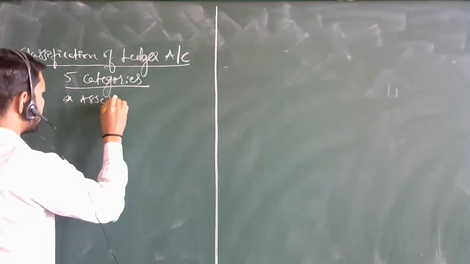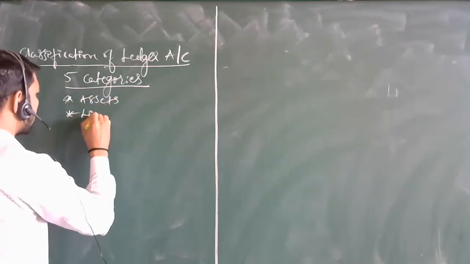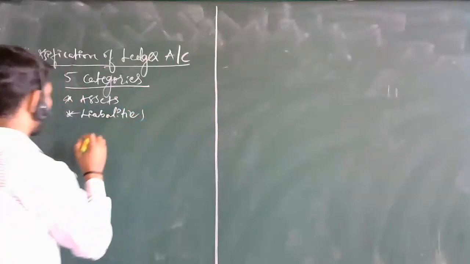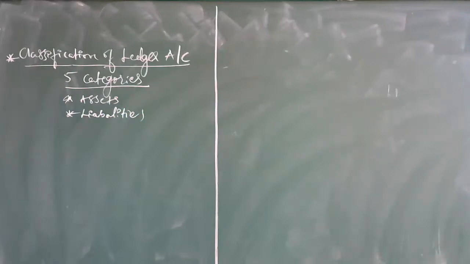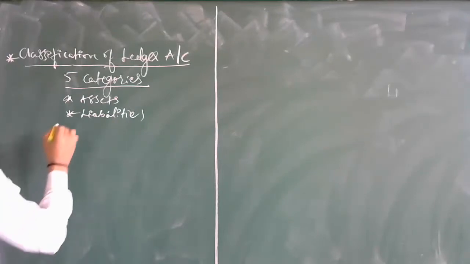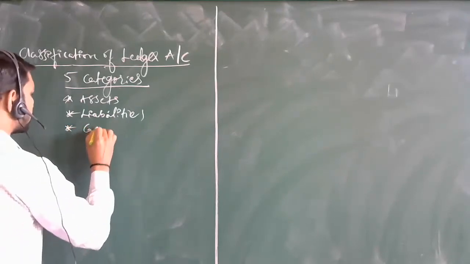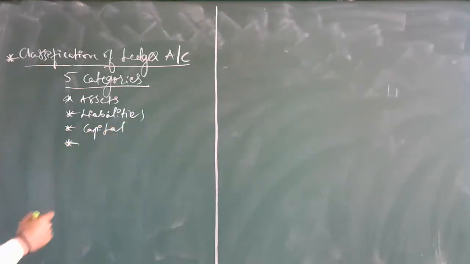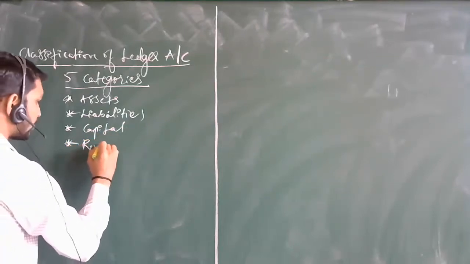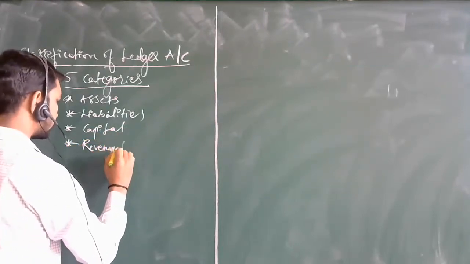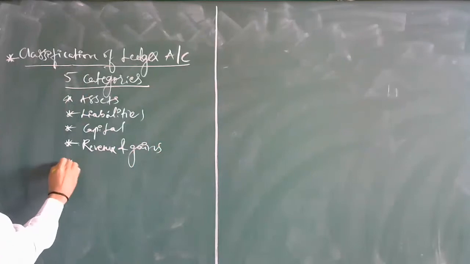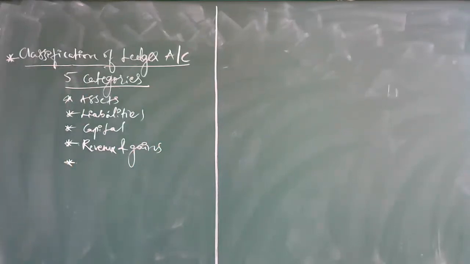assets first, then liabilities, then capital, then the next one will be revenue and gains, then the last category will be expenses or losses.